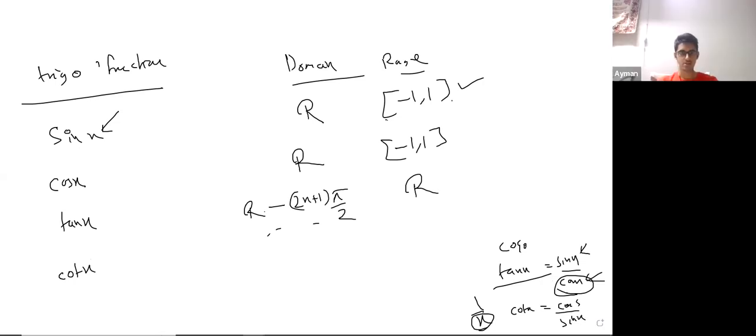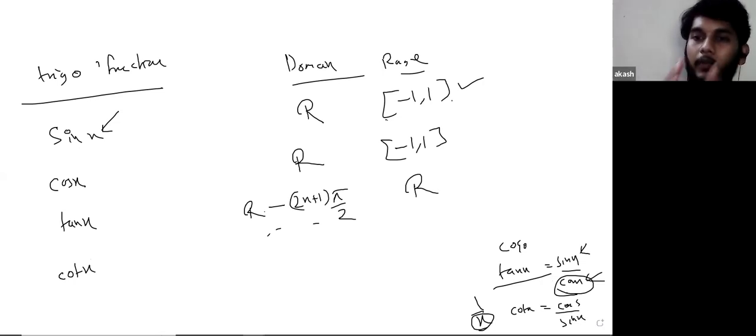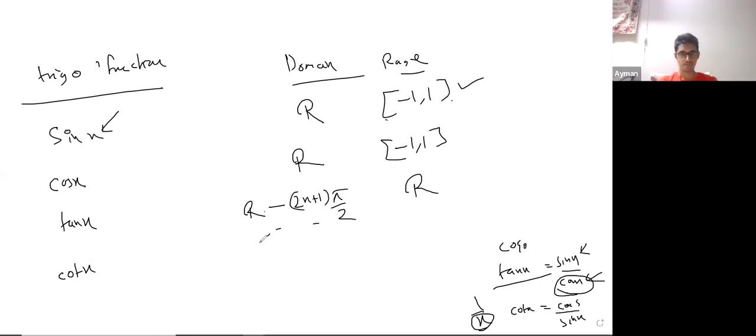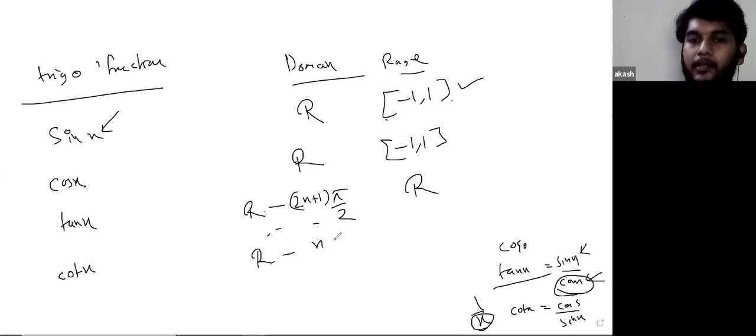Sin is 0 when it's sin 0 or sin 180. So either 0, 180, 360, 720, and so on, so multiples of pi. So I can say R minus n pi, where n is an integer: 1 pi, 2 pi, 3 pi, 4 pi, 0 pi. So this will be the domain of cot x, and the range is R.